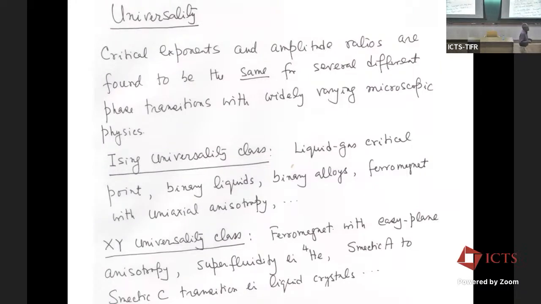But when they come close to a critical point, the singular behavior, which is characterized by these exponents, turns out to be the same. This is a very interesting and peculiar phenomenon. But one of the things that one would like to understand is why all these different systems with different microscopic physics are behaving in a similar way near a critical point. So that's something that I'd like to go into a little bit.